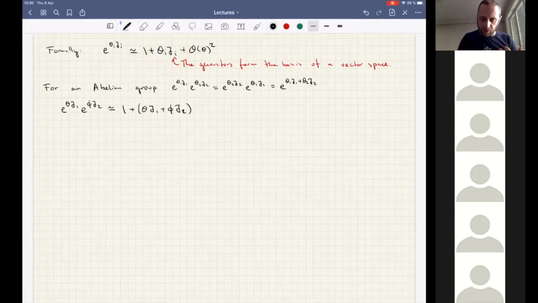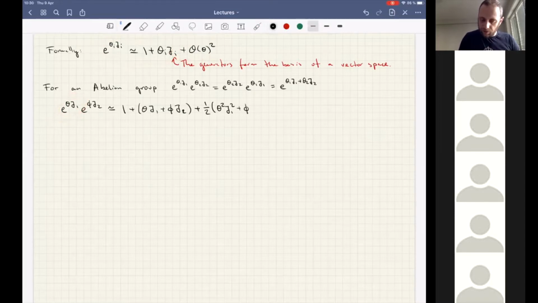However, to second order, we're going to have something slightly different. We're going to have 1 over 2 times theta squared J1 squared, which comes from the second order term in the expansion of the first factor.